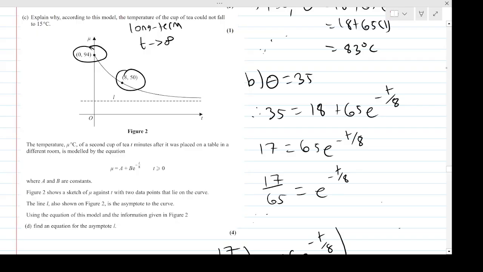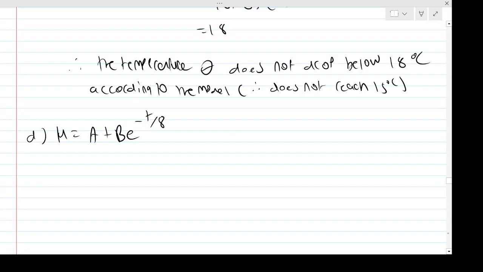So firstly, 0, 94, the y-intercept. What does that correspond to? That means when t, t being sort of the x variable, is 0, mu is 94.